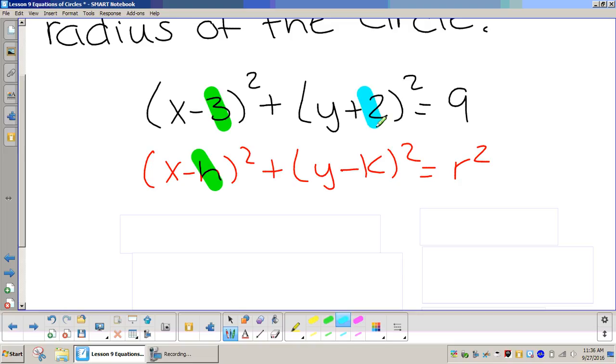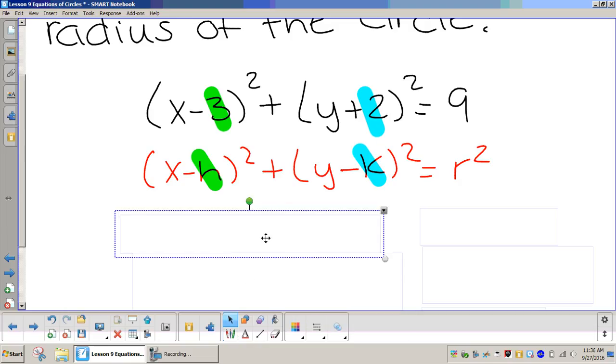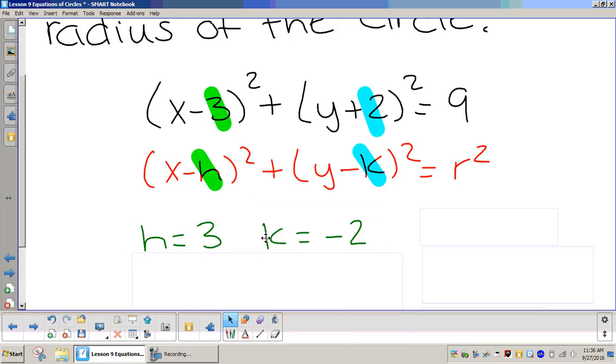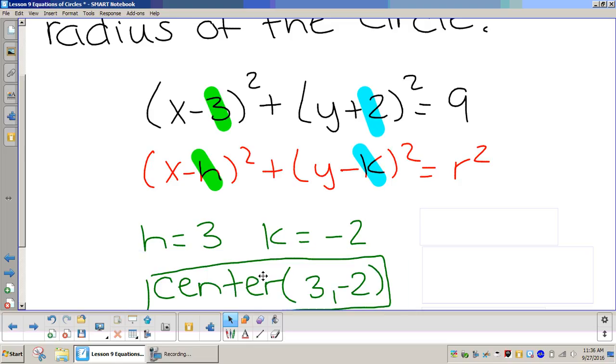I have a +2 where k is. Since it's a plus here, that means that k is negative. So this means that my center is at (3, -2). Over here, right where the r squared belongs, I have just 9.